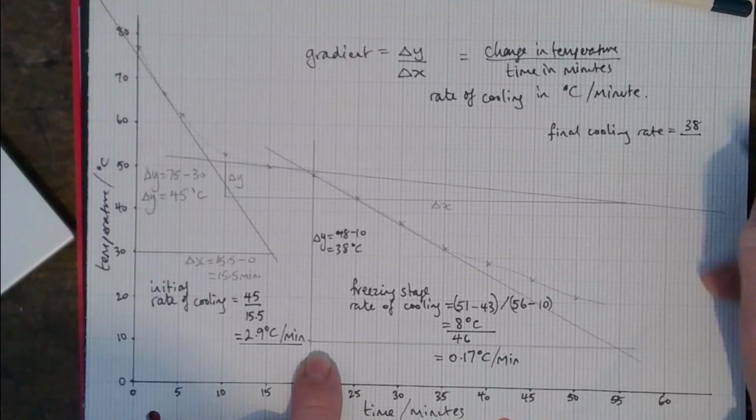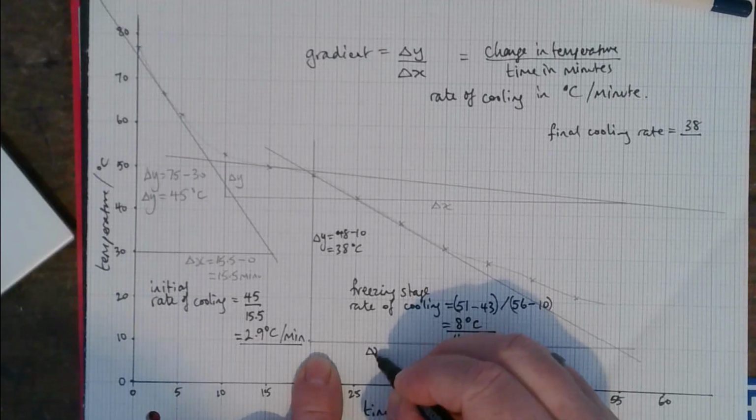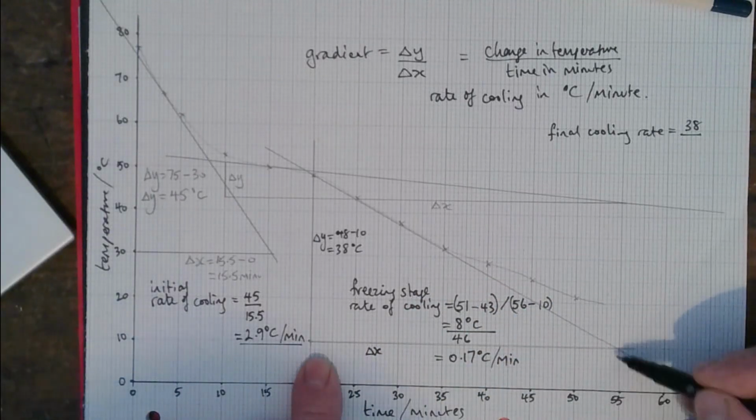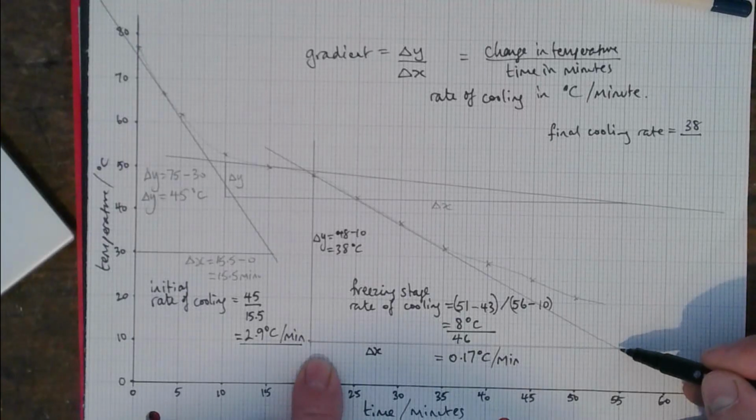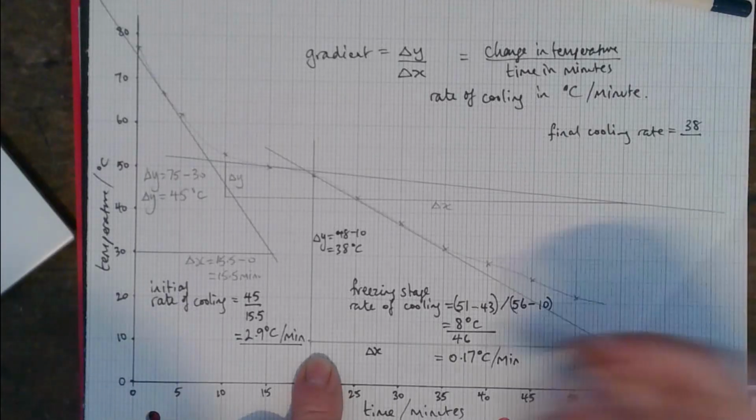Divided by my change in x, which is, let's call it 54.5 minutes. I'm going to say 55. I'm going to round it so you can be more precise than me.